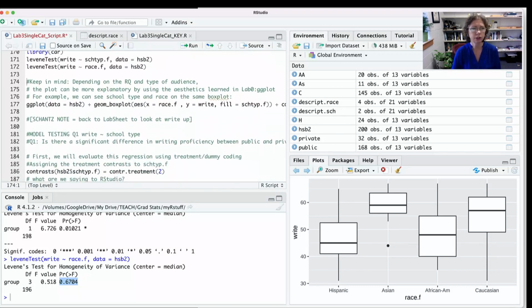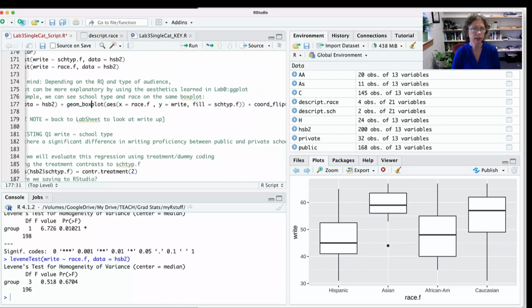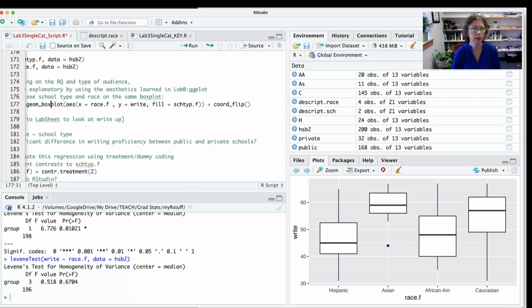So just another extra visual here for you guys. Depending on what your research question is and the type of audience, you want to play around with the aesthetics that we learned in ggplot during orientation. So here, I'm saying I want a box plot of race by write with a fill and coordinate flip. Let's look at that.